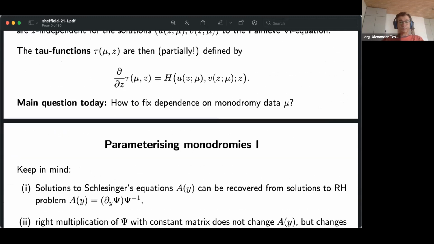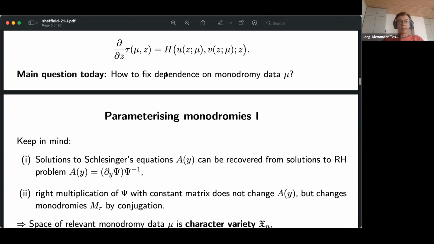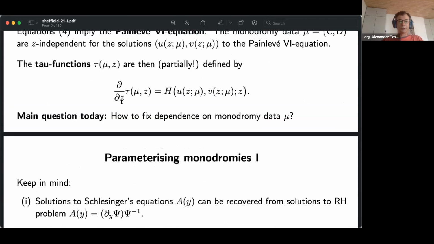Okay, so the goal of this part of the talk was to arrive at the main definition, the definition of the tau function. It's basically a potential for this Hamiltonian function.